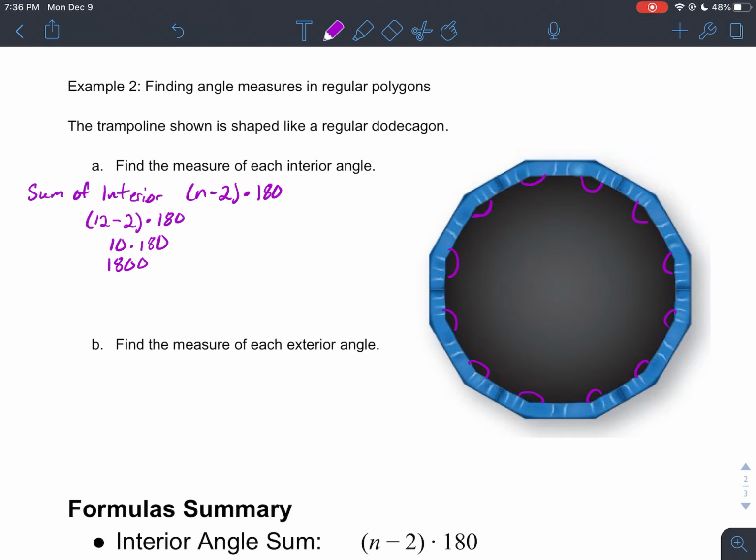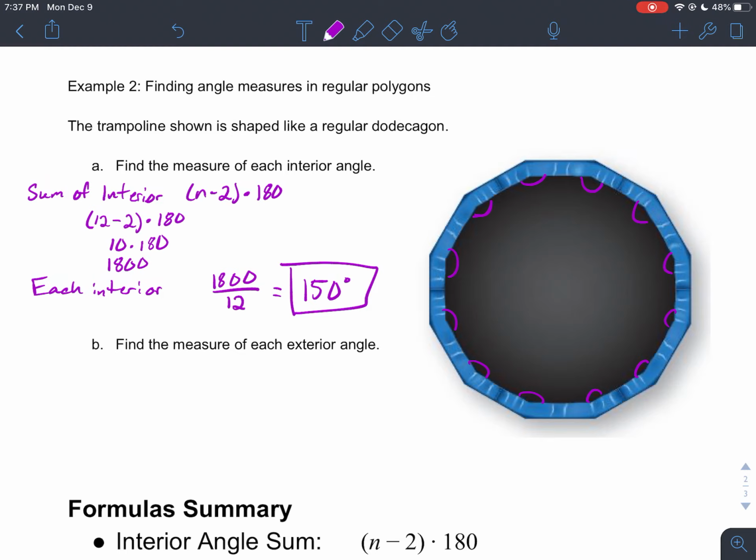Okay. And if I want to know what each of them measures, I'm going to take that interior sum, that 1800, divided by the 12 corners. And each of those angles measures 150 degrees. Okay? Each angle measures 150 degrees. And you could do that all as one formula if you wanted to.